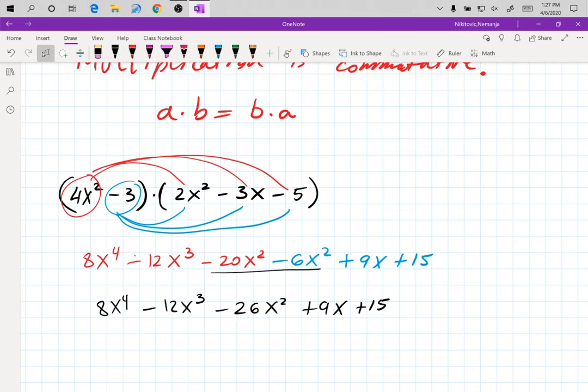I use the colors to show each one of the distributions. So if you have the smaller polynomial in front, then you have less distributions. In the end, you'll have the same amount of terms, but you'll have less distributions, and it's easier to just run the first one through all and the second one through all. So try to have as little as possible.